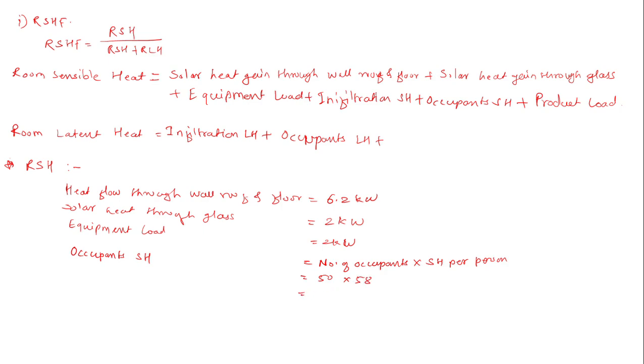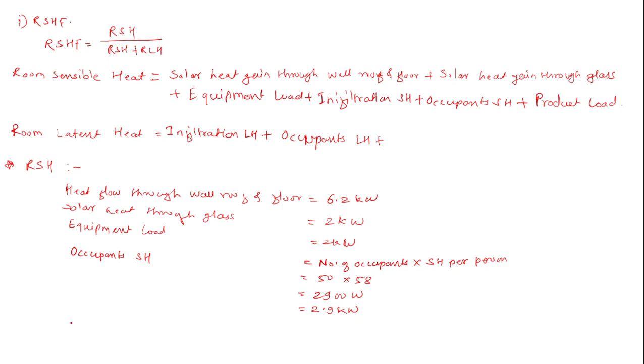This much watt of heat will be added. So it is 58 into 50, which is 2900 watt. Convert this 2900 watt to kilowatt. So it is 2.9 kilowatt. Fine.